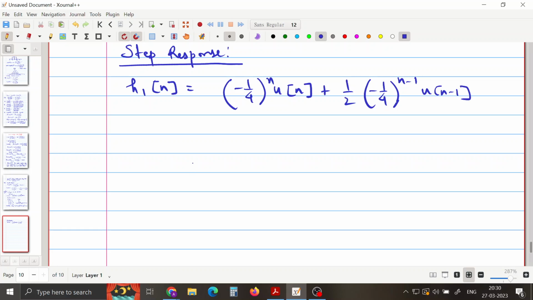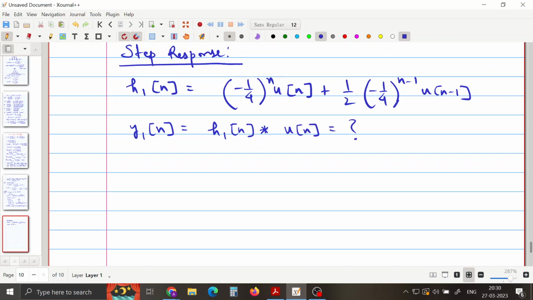Okay, so what do we actually mean by the step response? This is the impulse response of the first system. So the step response is basically the output of this system when the input is this step function, u of n. So what we need to find, let's denote it by y of n, is basically the convolution of this with the unit step function.